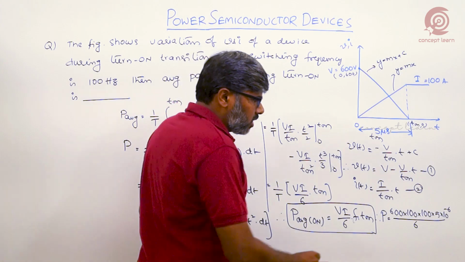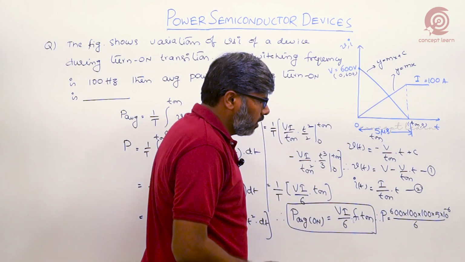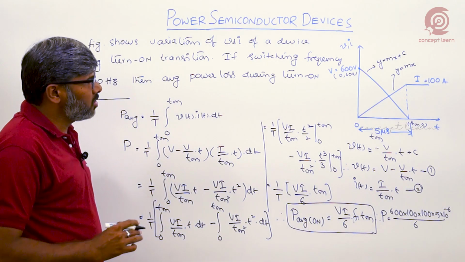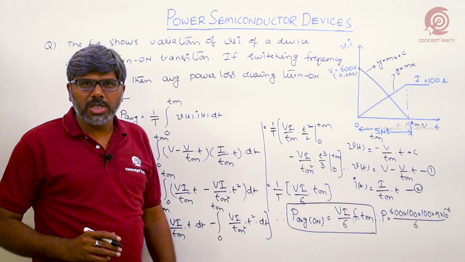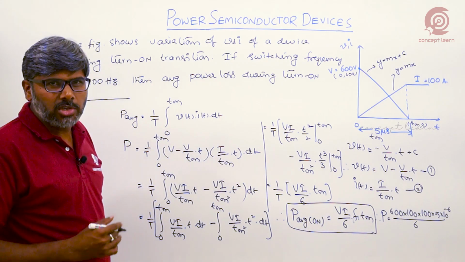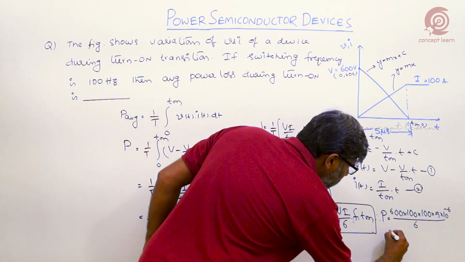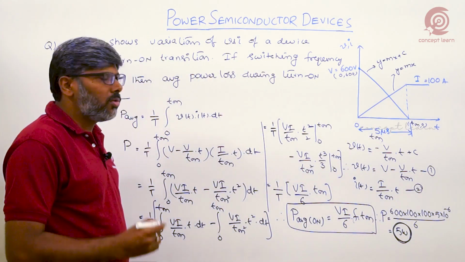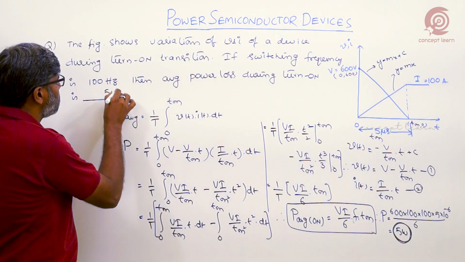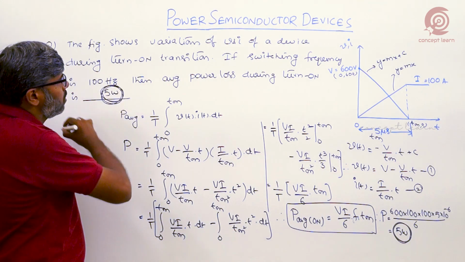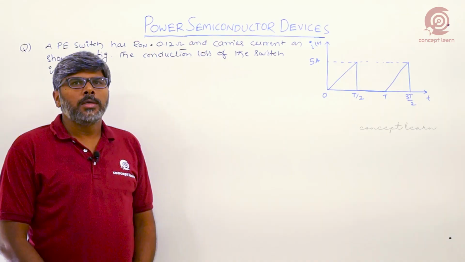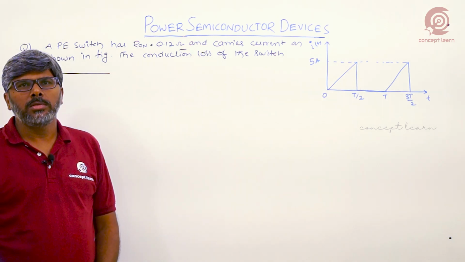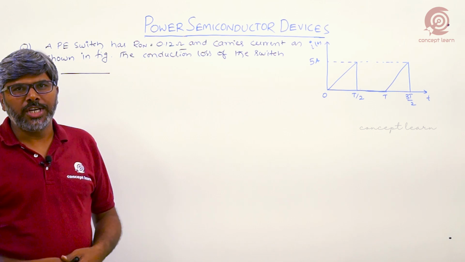By solving this, we finally get the average power loss during the turn on switching transition of the given switch as 5 watts. So the answer is 5 watts.